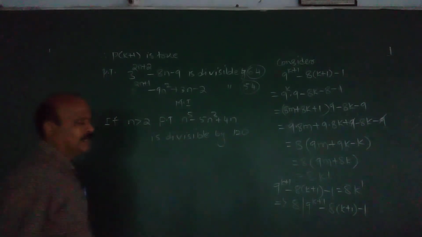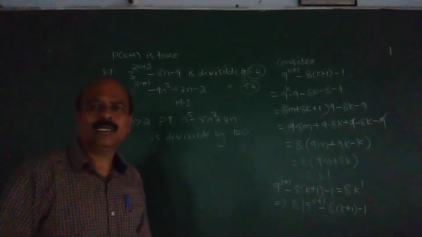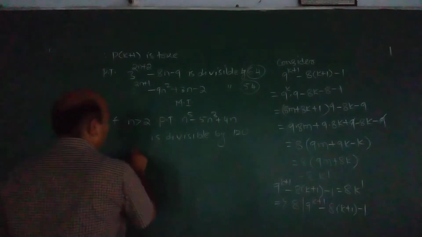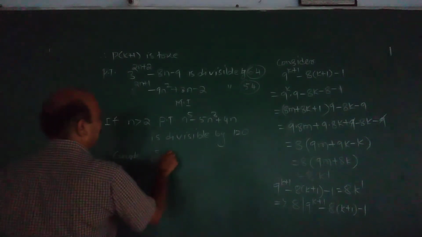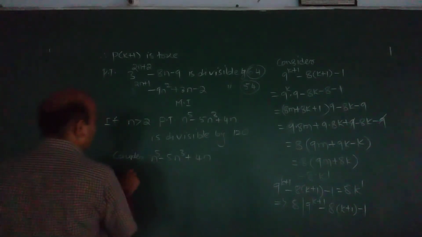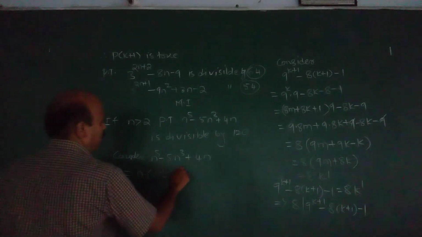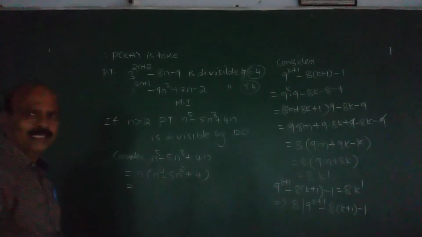It is again the product of r consecutive integers is divisible by factorial r. It depends on that. Consider n raised to 5 minus 5n cube plus 4n. It is equal to n into n raised to 4 minus 5n square plus 4. We factorize this.